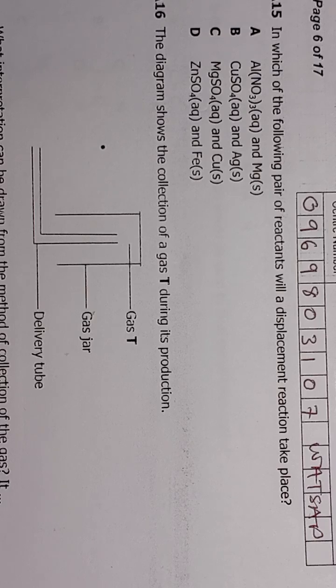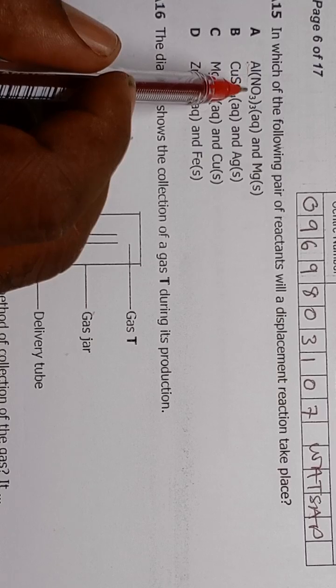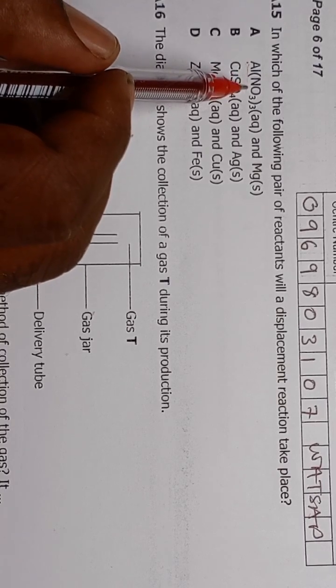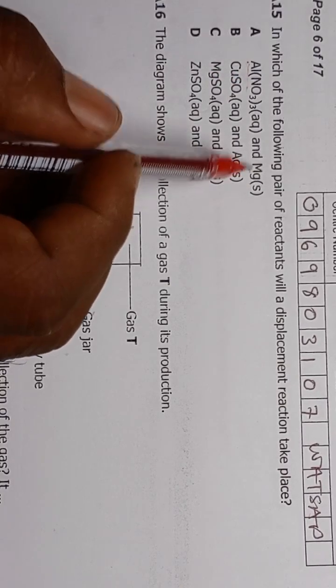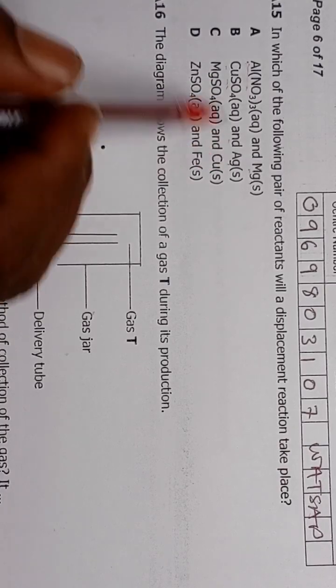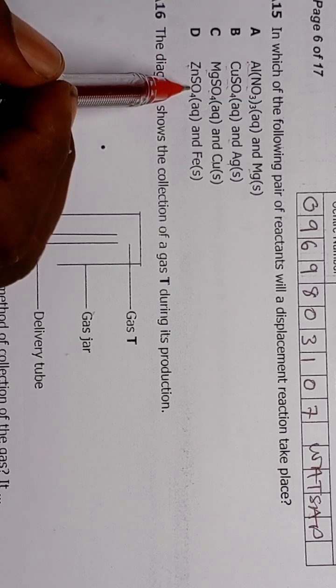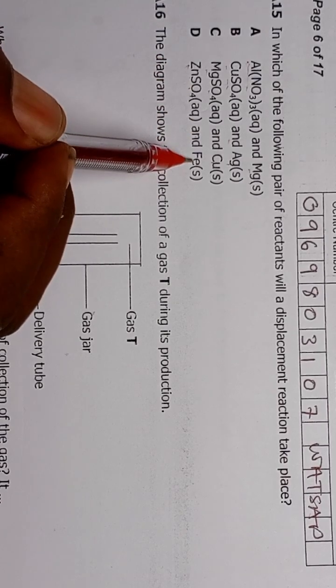Let us first identify the metals that we have according to their reactivity series. We have aluminium nitrate and magnesium, copper(II) sulfate and silver, magnesium sulfate and copper, zinc sulfate and iron.